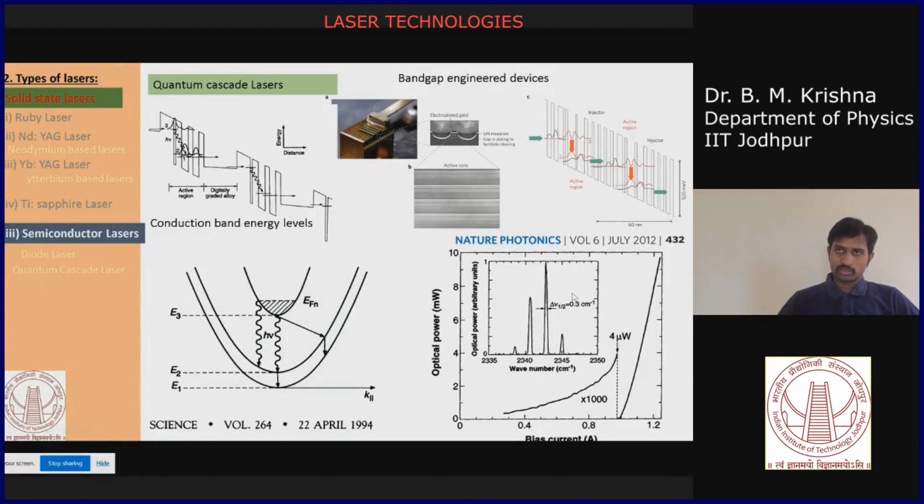As we know, the line widths mainly come from the natural line widths, which will always be there. If there are any reflections and losses in your structure, that will add to your line width, but still you are able to see very narrow line widths using these quantum cascade lasers.